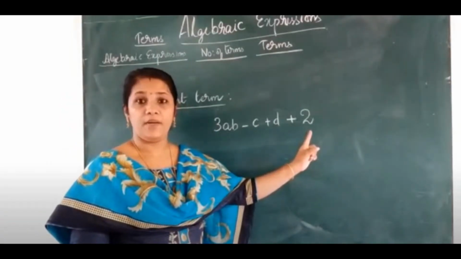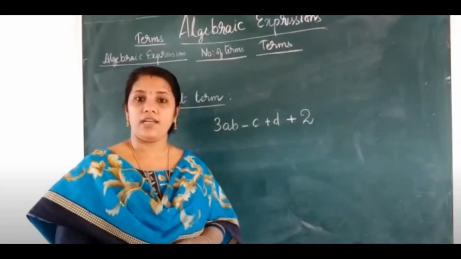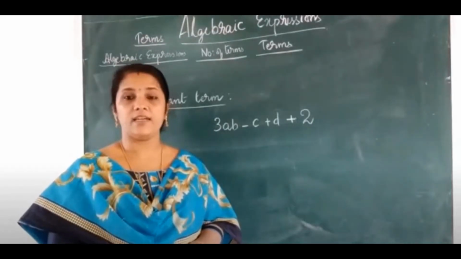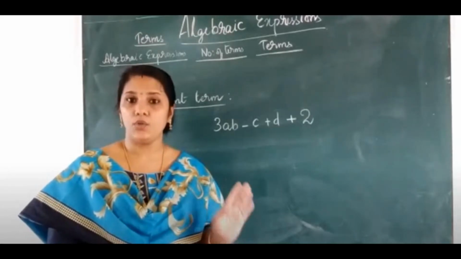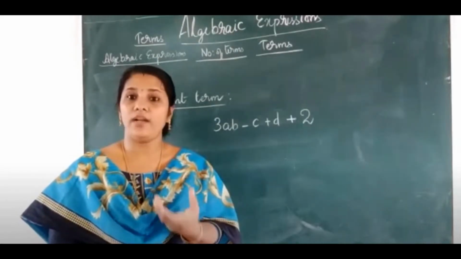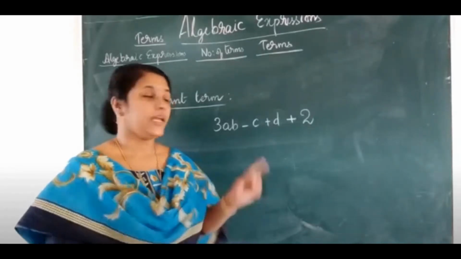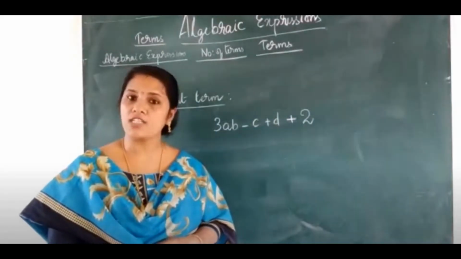There is no variable with 2. Such a term we call a constant term. So, a constant term means there is no variable with the numeral. If only the numeral is present, we call it a constant term. In this algebraic expression, 2 is the constant term.